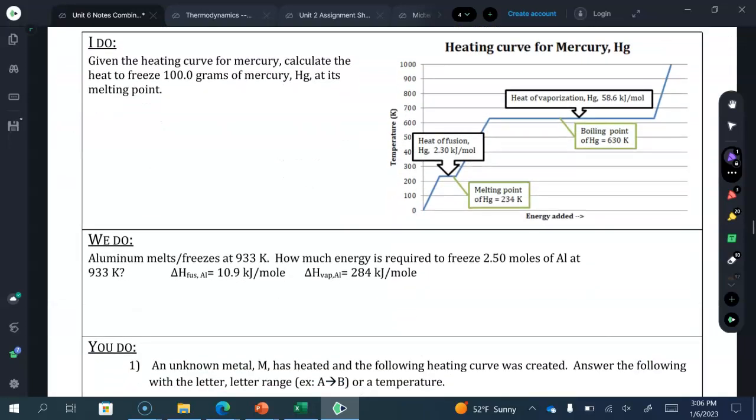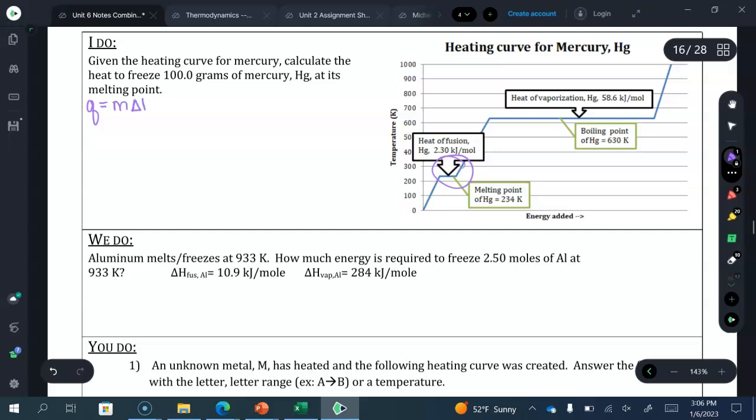Given the heating curve for mercury, calculate the heat to freeze 100 grams of mercury at its melting point. So we are here. This is its melting point. Since it is just a phase change, we are looking at Q equals m delta H, but not really because this is in kilojoules per mole. So we actually need to change m to n, grams to moles.